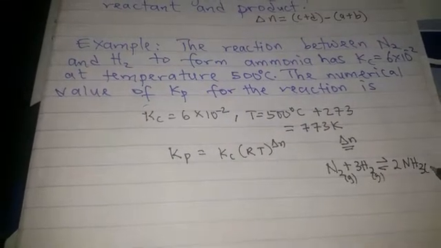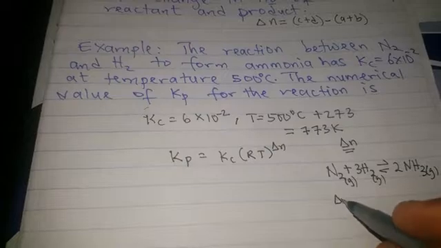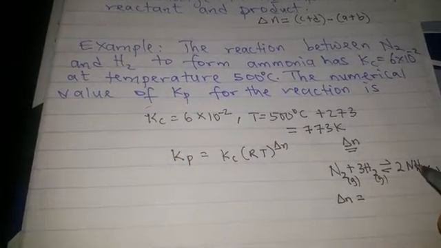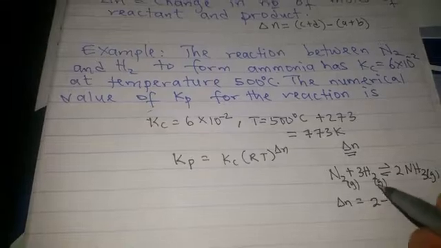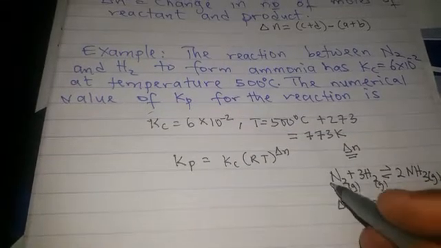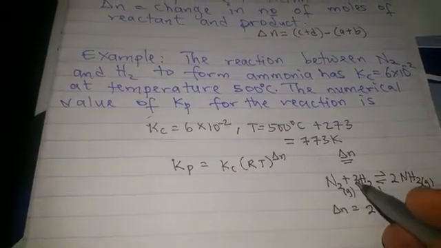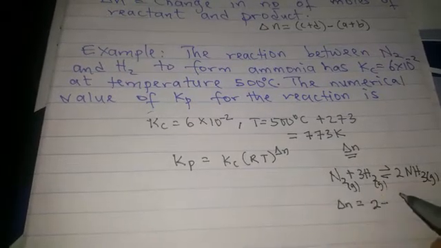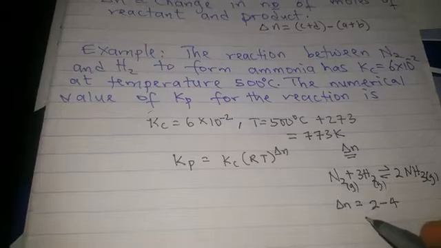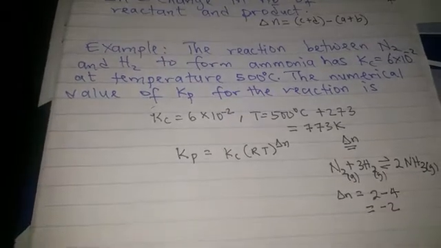Delta N is the total number of moles of the product, which is 2, minus the total number of moles of the reactant. Here is 1 mole, here is 3 moles. Remember, you consider only gases and aqueous solutions. So altogether 4 moles. So this is 2 minus 4, giving us minus 2.